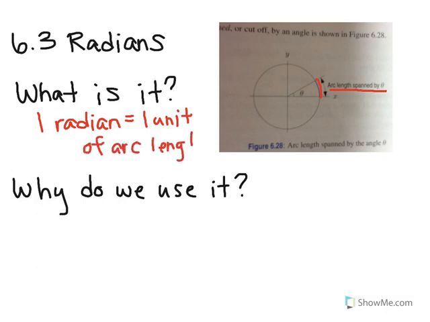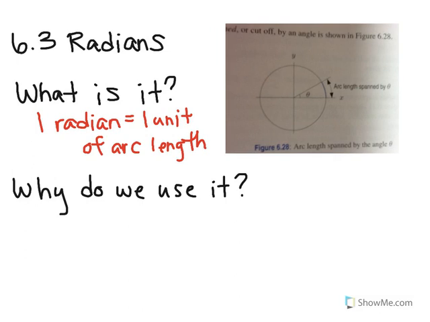And what that means is, take a look back over here in this picture. If I have this piece right here, let's say this red piece, and this happens to be 1 radian, and let's say that the circumference of this circle was measured in inches.